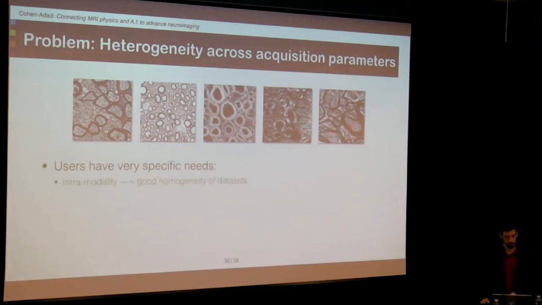Users have specific needs. If you look at one modality, one particular combination of parameters, there is a good homogeneity of data sets. They look alike. However, across modalities, as you can see, there is a poor homogeneity.